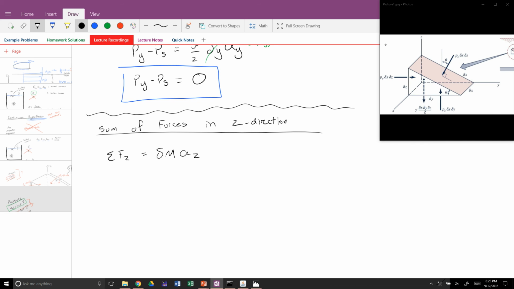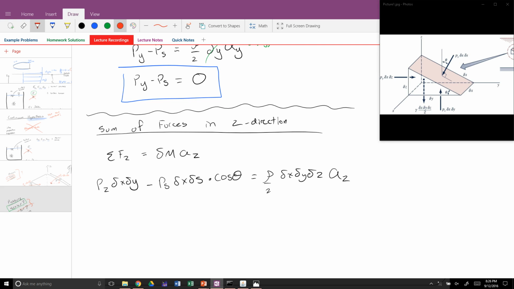That is, Pz delta x delta y minus Ps delta x delta s times, this time, cosine theta, that is the component of this force acting downward vertically, is equal to rho over 2 delta x delta y delta z a_z. Force equals MA.